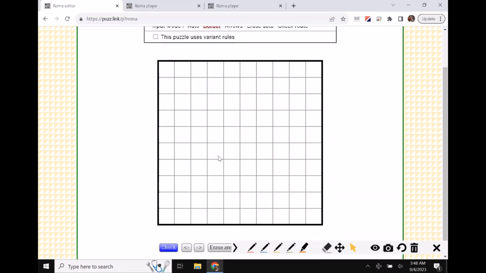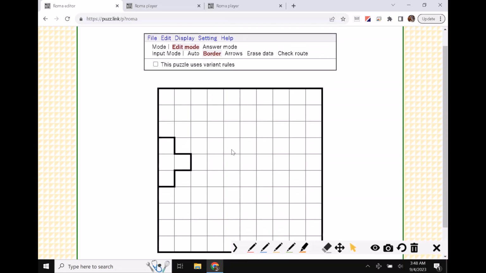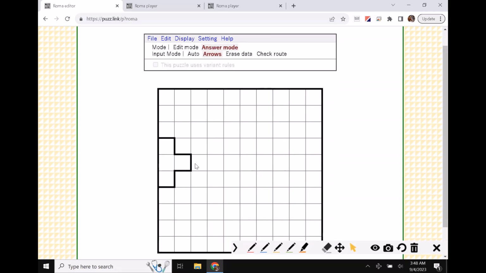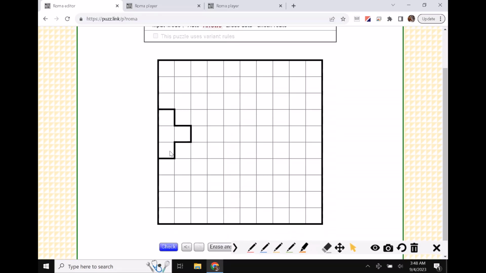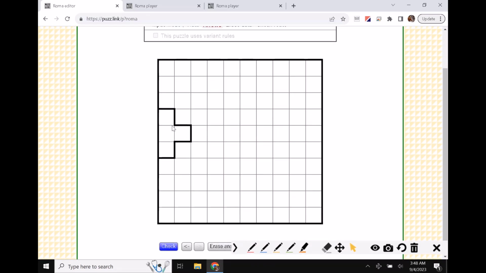With regard to regions, you have kind of the Latin squarey type deductions. For example, we can kind of say there's a hidden single in this region because it's a 4-cell region. We know it needs all four directions. The only place we can place left is in that cell.